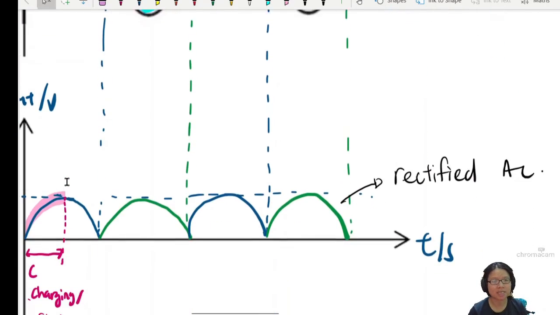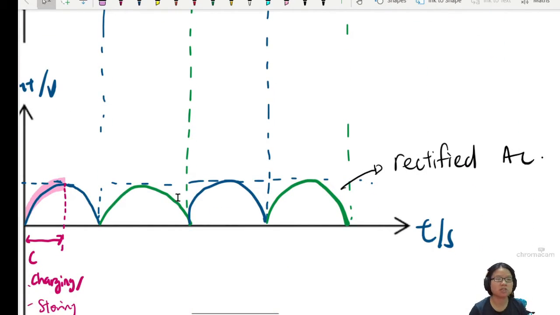Once the current through the resistor drops below V naught, the capacitor will decrease the charging effect like this. And then it will happen all over again. I'm going to highlight this part yellow, from here to here.